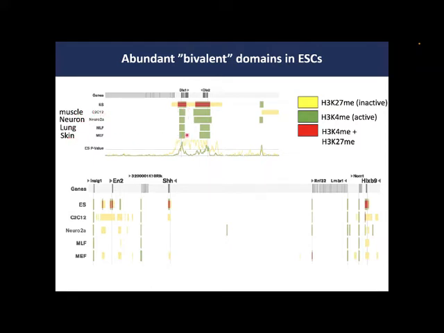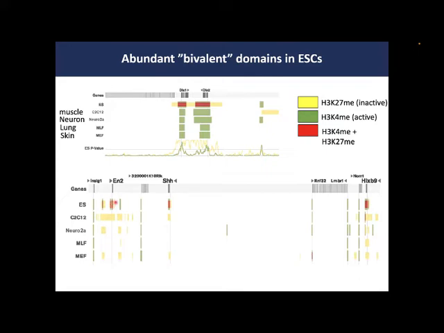They generally only mark inactive regions and active regions separately, with K27 methylation and K4 methylation. But these marks do not coexist in these differentiated cells. However, in embryonic stem cells, undifferentiated cells, the active marker and inactive marker both exist. This is another example.